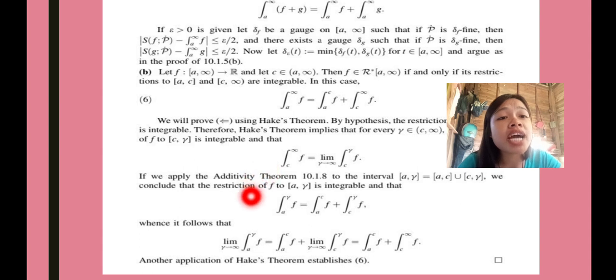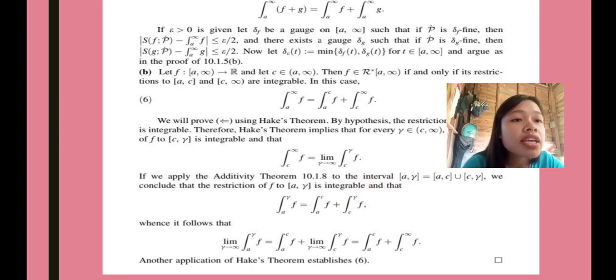If we apply the additivity theorem 10.1.8 to the interval [a, y] equal to the union of the intervals [a, c] and [c, y], we conclude that the restriction of f to the interval [a, y] is integrable, and that the integral from a to y of f equals the integral from a to c of f plus the integral from c to y of f.